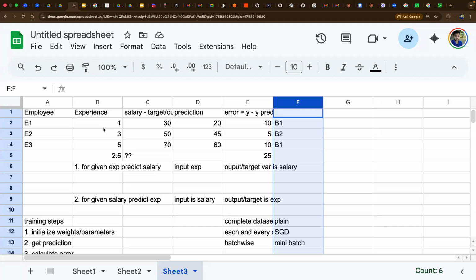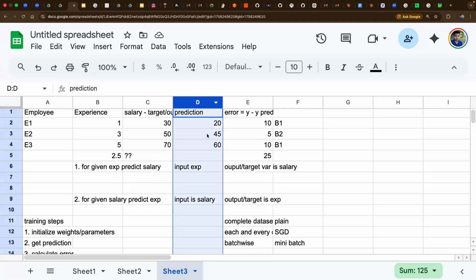Classification is nothing but classifying or categorizing the data into classes, where for a given data point you need to identify which class it belongs to. That is classification.